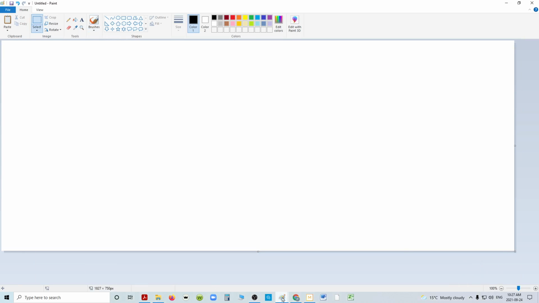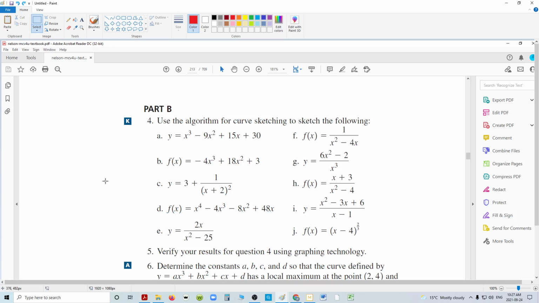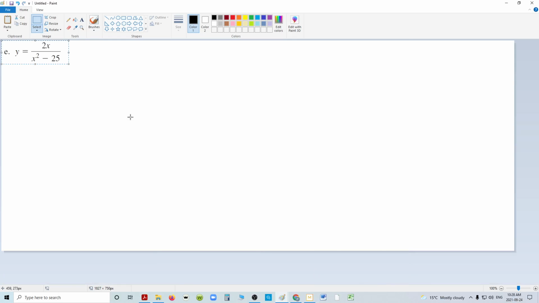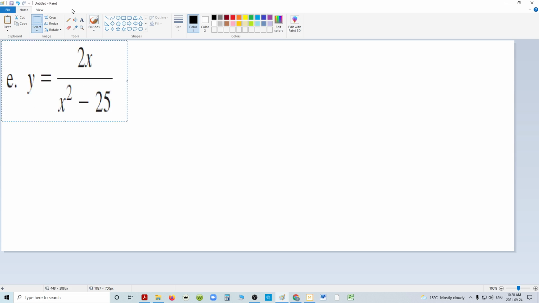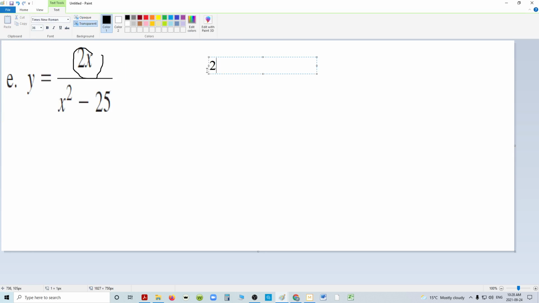Okay, let's go on to more important ones. Something like this. I want to point out the key features of it. One, you have a value up here that's less than this. This is a difference of 2 squares. So it's really this.